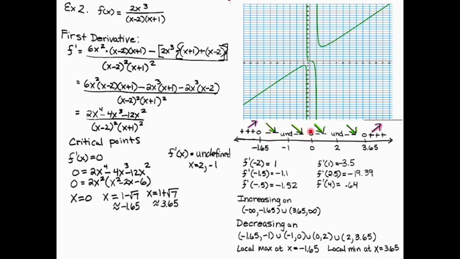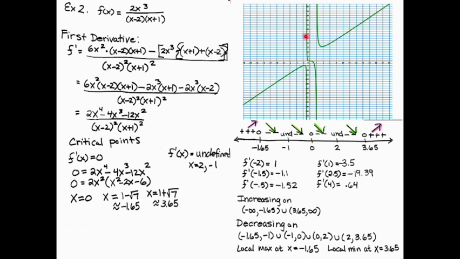This point right here, x equals 0, is a critical value, but if this was a local max or min, on opposite sides of that 0, one would have to be increasing and one would have to be decreasing. Because on both intervals it's decreasing, I just know that it flattens out at 0, and that's what gives it that horizontal tangent line.